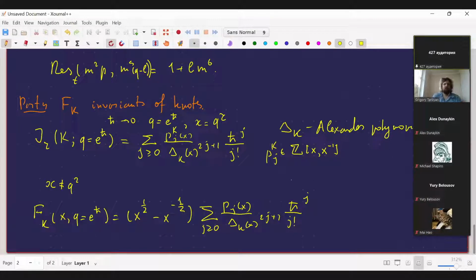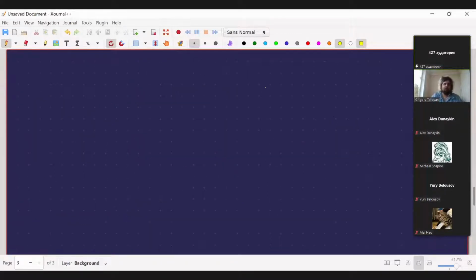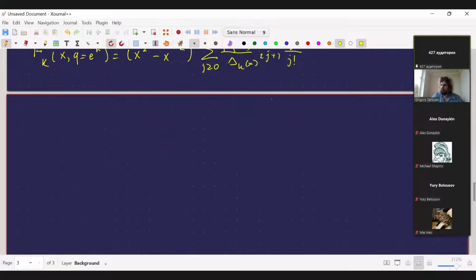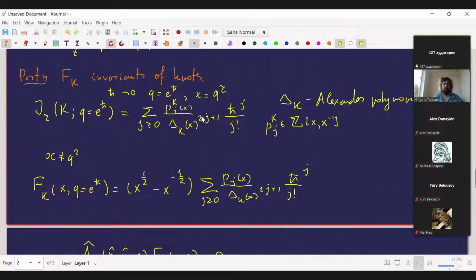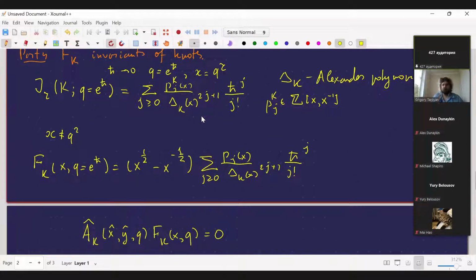Okay, so that's the definition of the FK polynomial. And an important property of this FK polynomial is that if we take a quantum A polynomial, then FK of x and q is annihilated by this quantum A polynomial. And yeah, that's about all that I wanted to say about the FK polynomial.